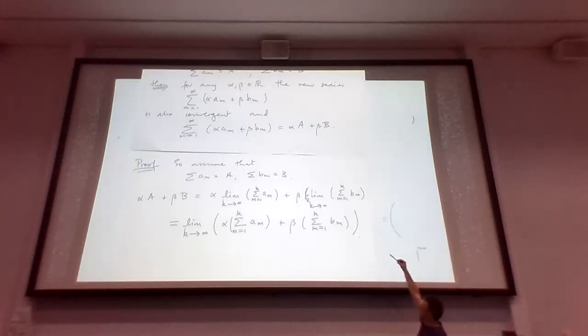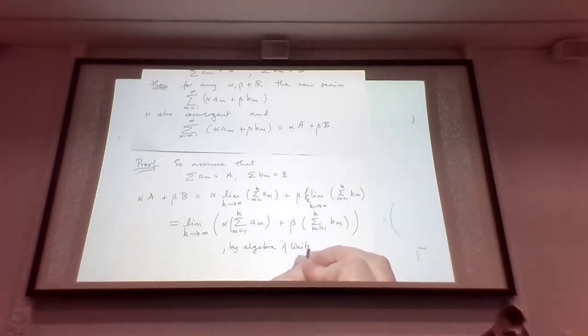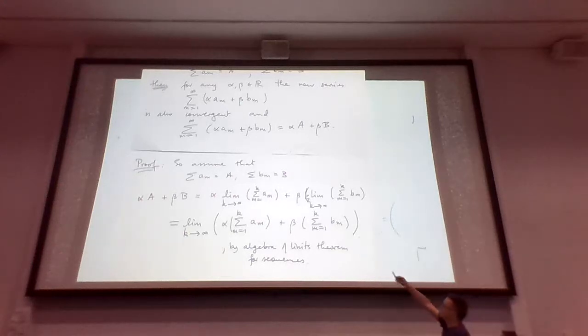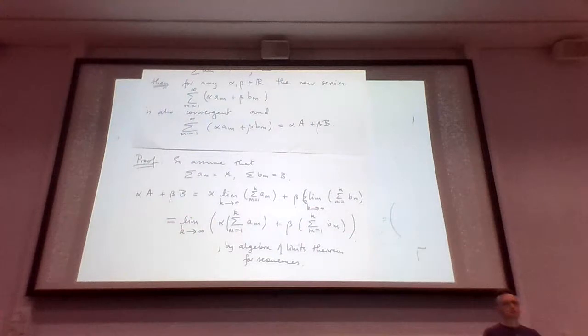So this step, from the top line to the second line, is true by the algebra of limits theorem for sequences: the limit of a linear combination is equal to the linear combination of the individual limits. So the first step was simply justified by the definitions of capital A and capital B. The second step is justified by the algebra of limits theorem for sequences.